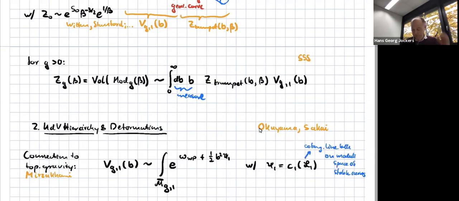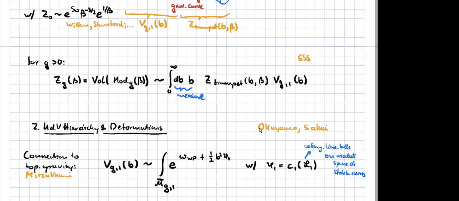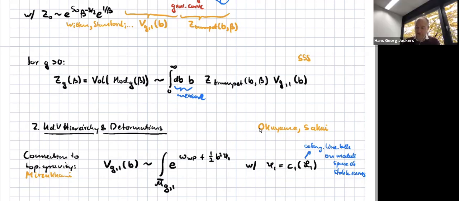At this marked point of this stable curve, you have a cotangent line, and you pull this back for this particular member, and then you build a line bundle on the moduli space of stable curves by essentially taking these lines at every element, which is this curve, and this patches to a line bundle, and you take the first Chern class, and this is what this characteristic class is. Now, the insight is that you can compute these volumes by carrying out such an integral on this moduli space of stable curves.